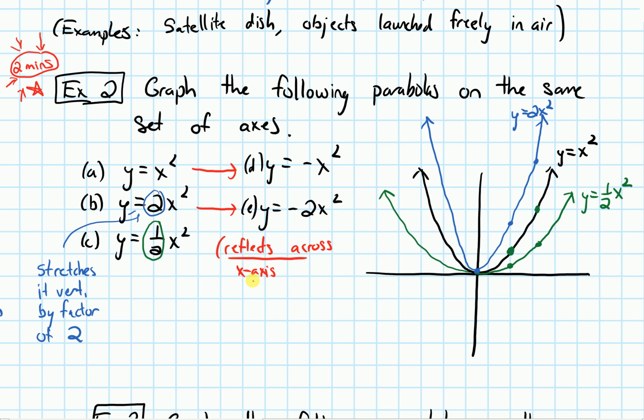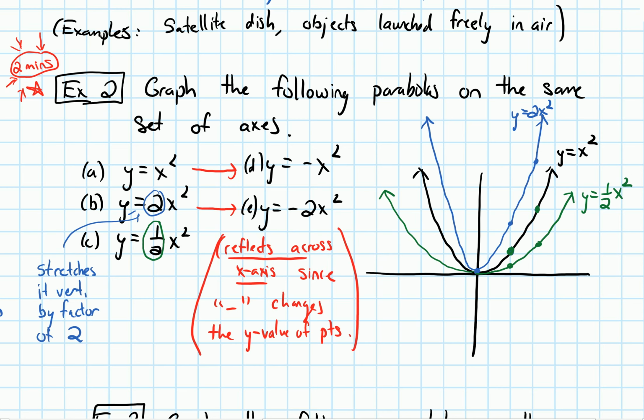This is some review again from algebra, doing transformations on graphs. It's going to flip it across the x-axis since the negative that we're putting in front of our formula changes the y value of points. It'll switch the sign.